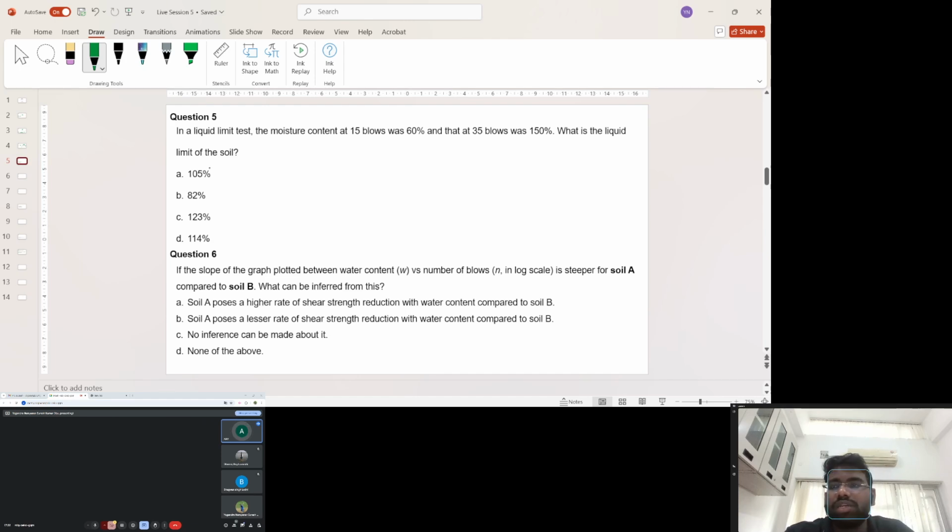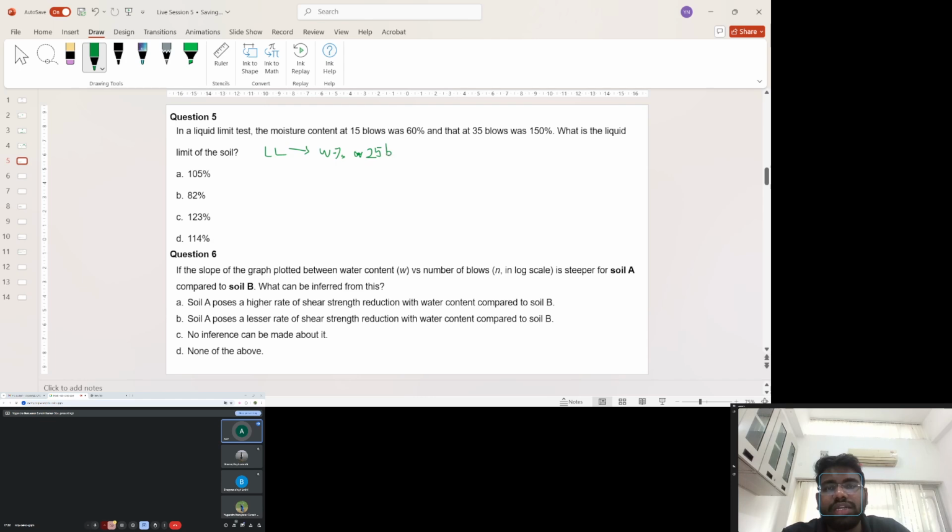Yes. As far as this Casagrande testing is considered, liquid limit is the water content of the sample when the groove closes at 25 blows.